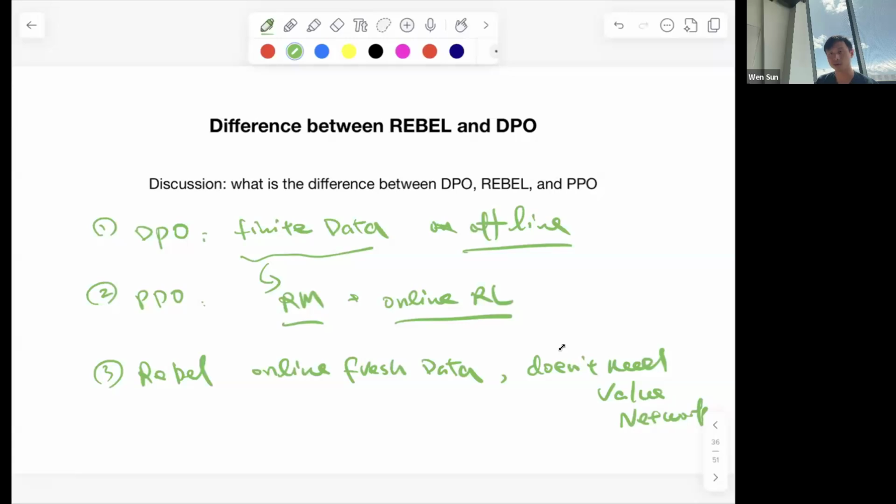It doesn't operate at the token level, so we don't need to worry about training a value network. In practice, that makes a big difference. Rebel is way more efficient than PPO in terms of computation and GPU memory, almost as efficient as DPO in terms of computational efficiency.